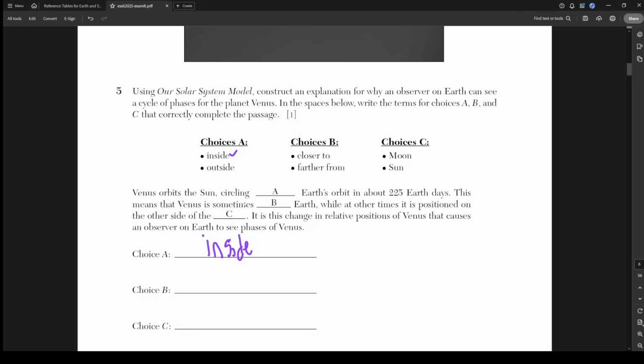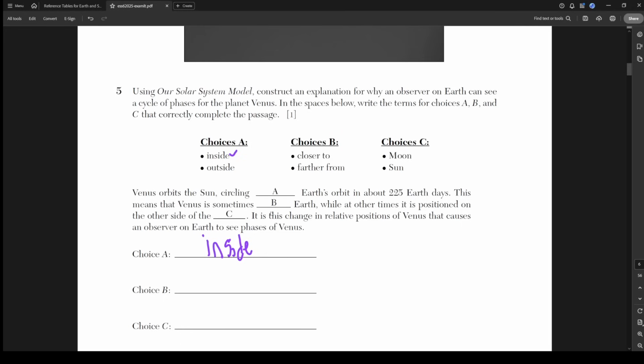This means that Venus is sometimes blank Earth, while other times it is positioned on the other side of the blank. Why would they put B? It could be both of these, no? Can it be sometimes closer or sometimes farther from Earth?